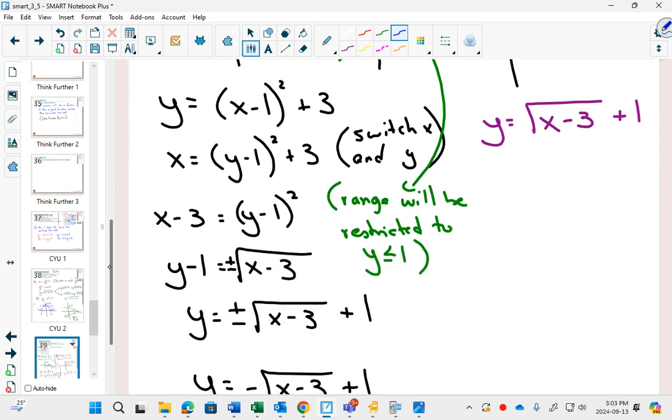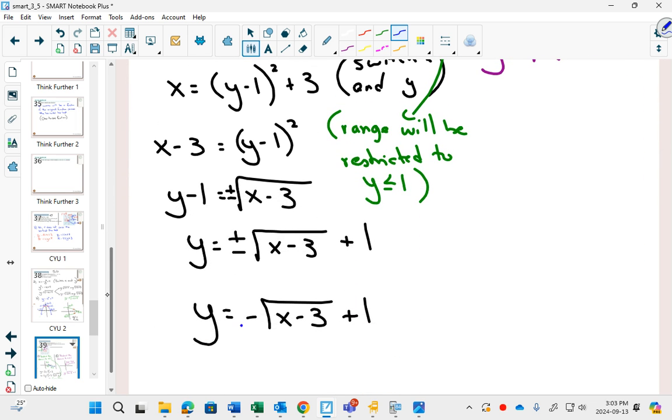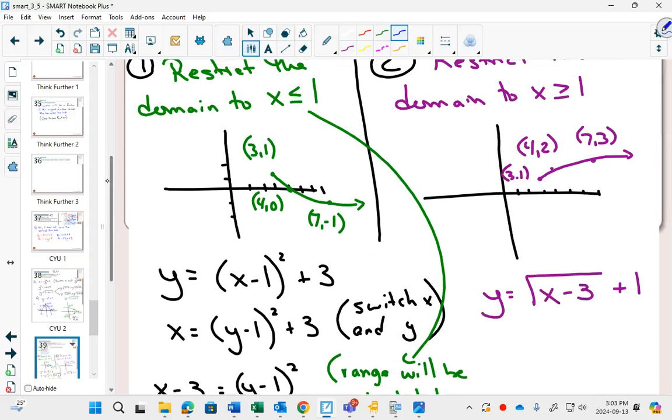Do you see that our green equation has a vertical reflection, 3 to the right, 1 up? The second one just looks like, here's our square root graph. Move it 3 to the right, and then move it 1 up. Matches up nicely that way as well.